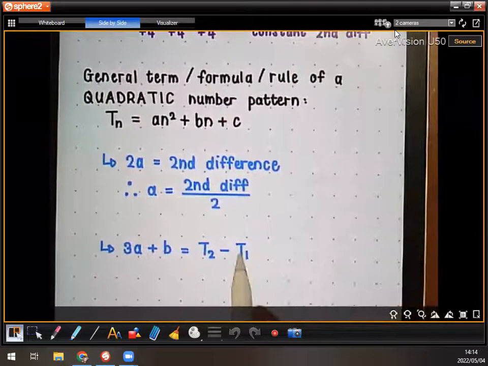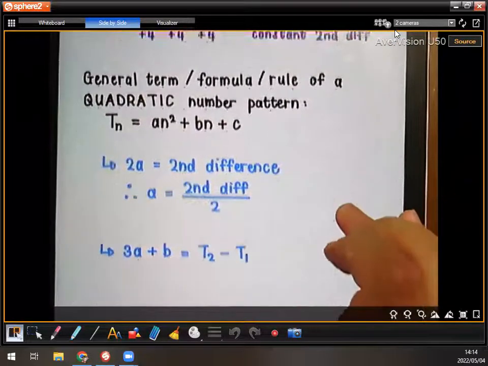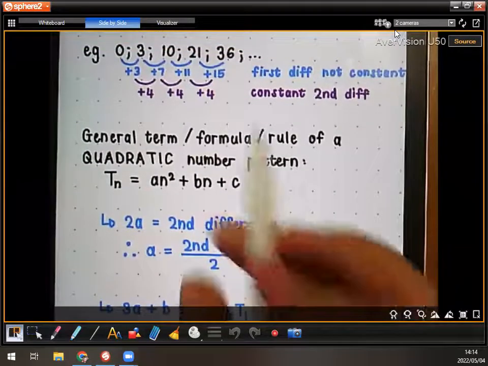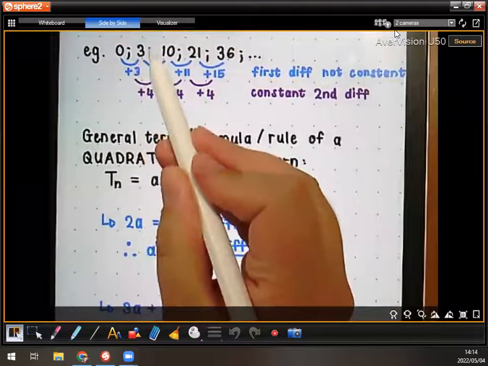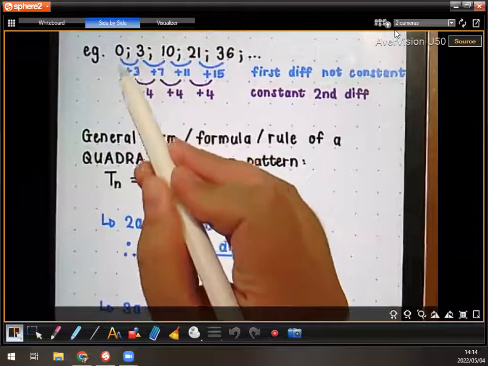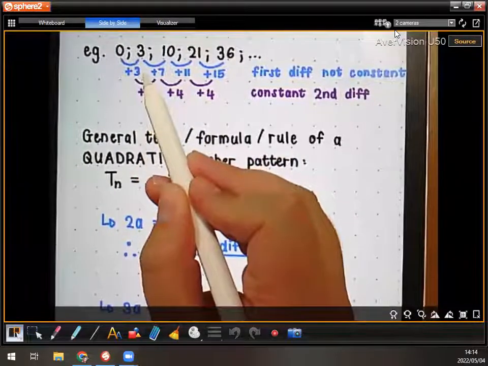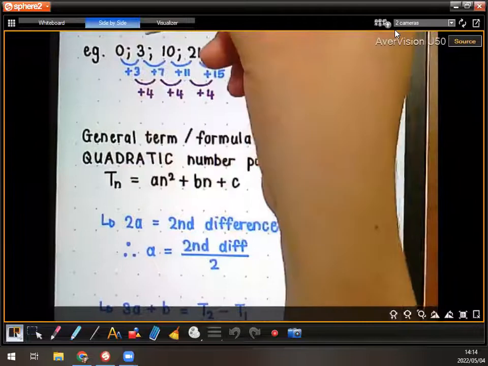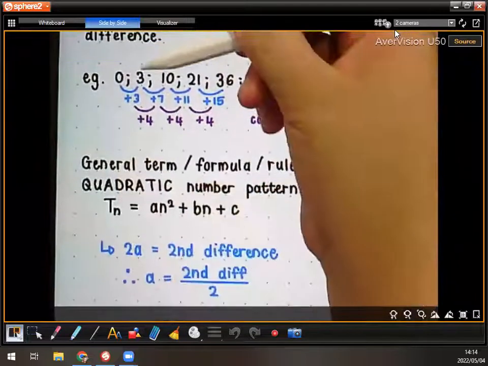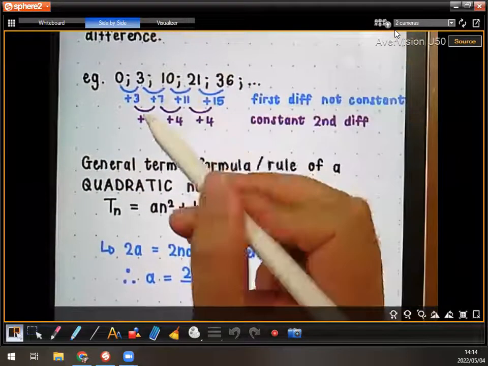If we look back at the example, term 2 minus term 1 is your first difference. Term 2, which is 3, minus term 1, which is 0. 3 minus 0 is 3.